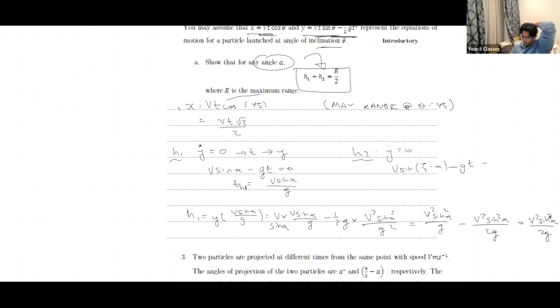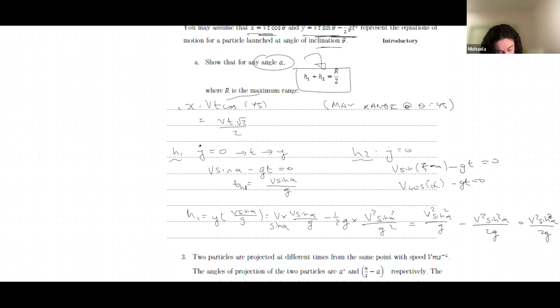Before you go ahead, just make it cos. So we'll just call this v cos alpha minus gt equals 0. So t is v cos alpha on g. And then sub that into y. h2 equals v.